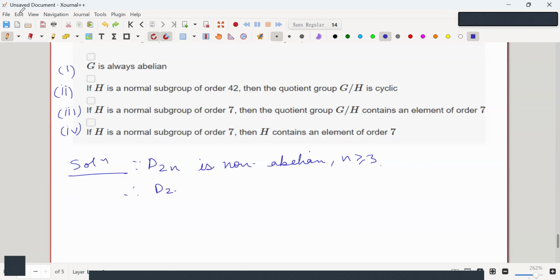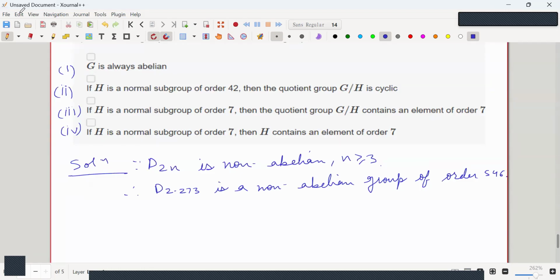Yes, sir. Is a non-abelian group of order 546.